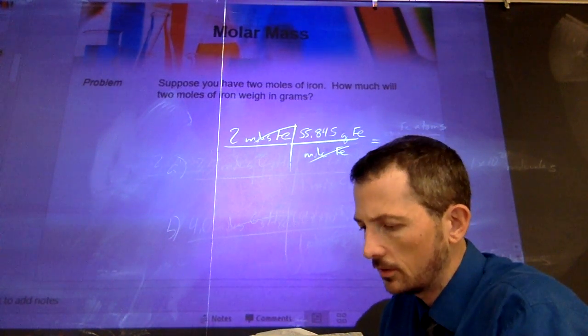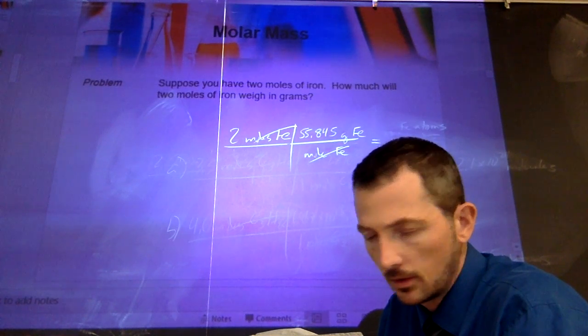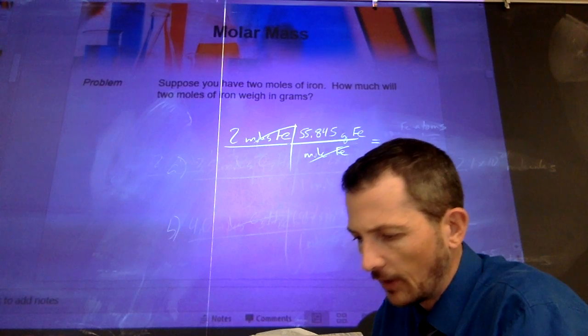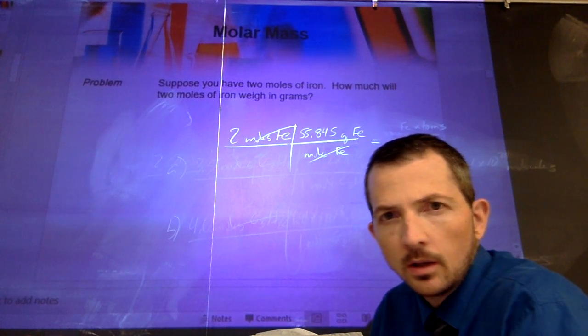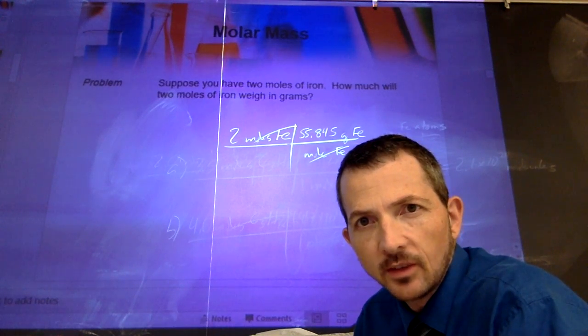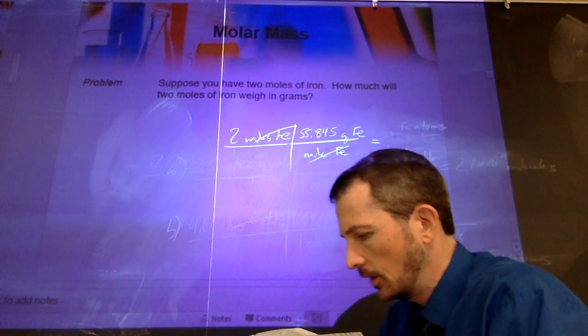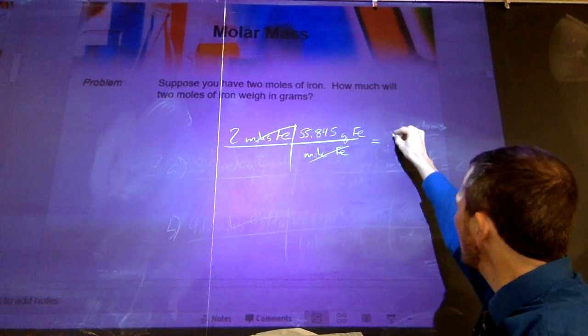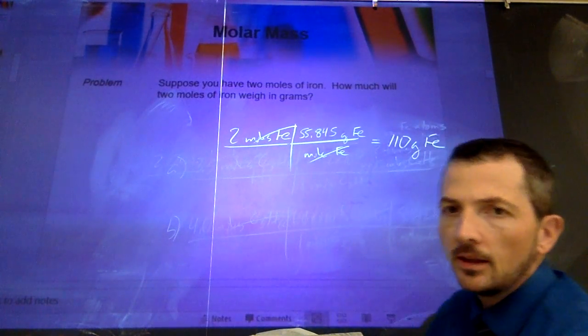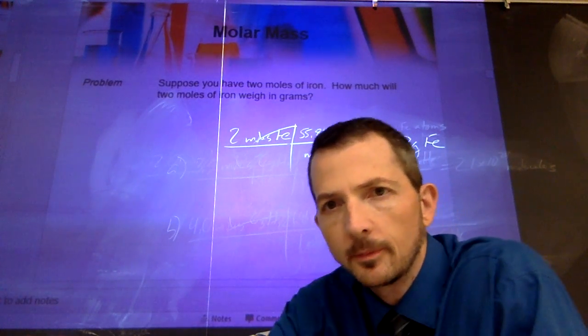So 2 times 55.845, so 111.69. We mention how many significant figures I want to go to. Say 112. I'm just going to go to 2 significant figures. Say 110 grams of iron.